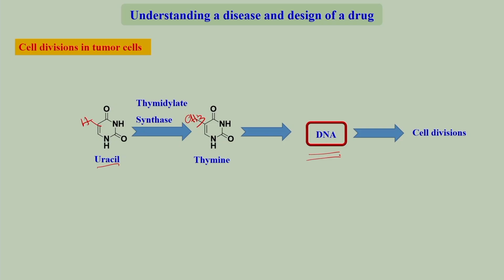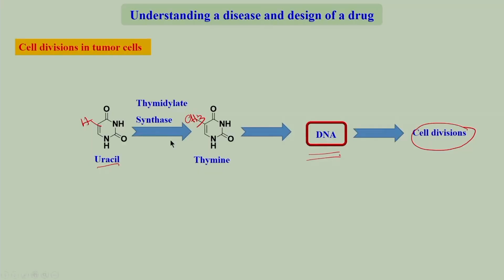That is how the cell division happens. Now, in tumor cells the same thing happens, only it happens much faster than in normal cells. So, one way to block the number of tumor cells is to block this transformation of uracil to thymine, which is catalyzed by thymidylate synthase.